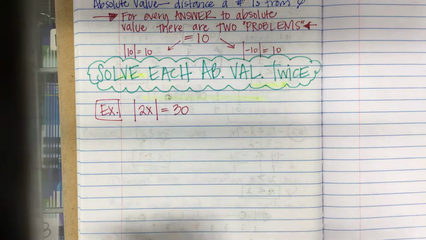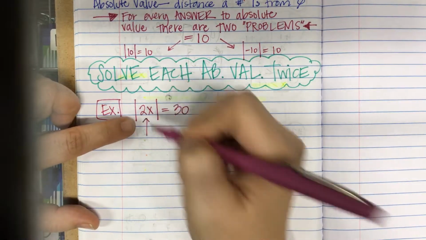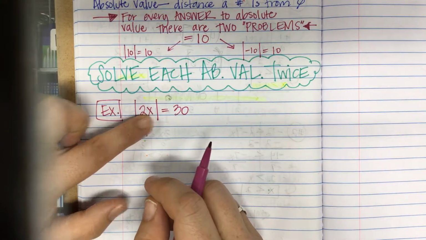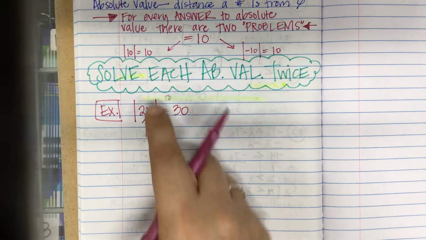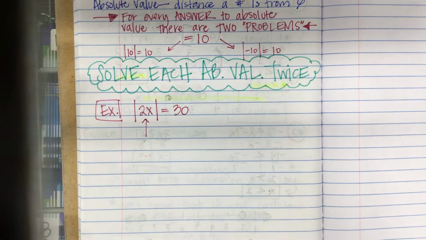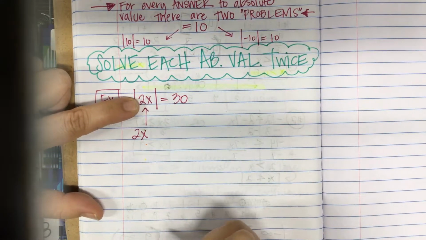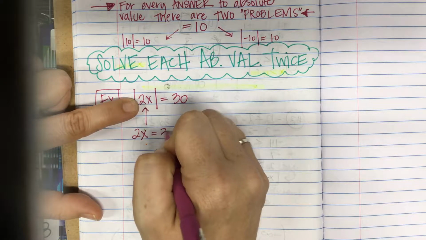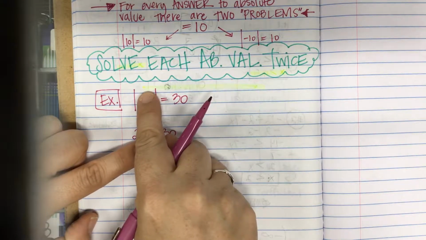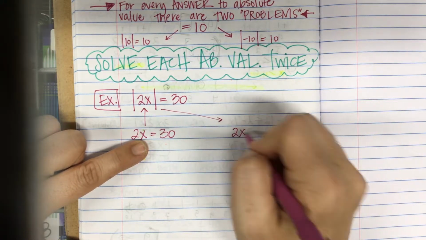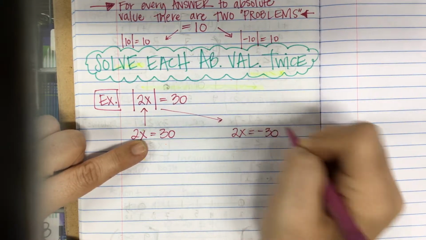But I know that this answer inside here, 2x, needs to have a positive answer and it needs to have a negative answer. So I need 2x to equal positive 30 in there. And I need 2x to equal negative 30.